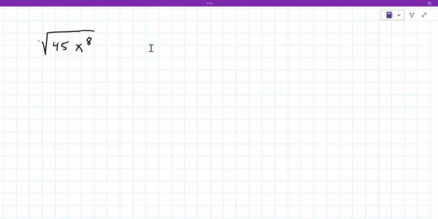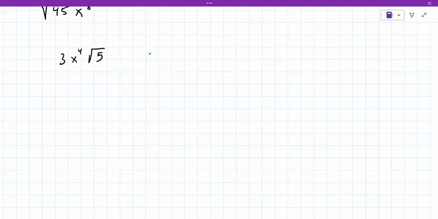Should be 3 square root of 5 and x to the 4th power. So it's 3x to the 4th square root of 5 like this. Oh, okay.